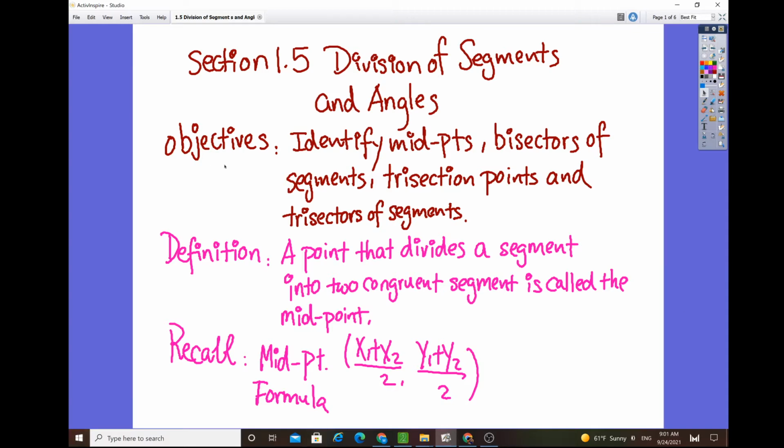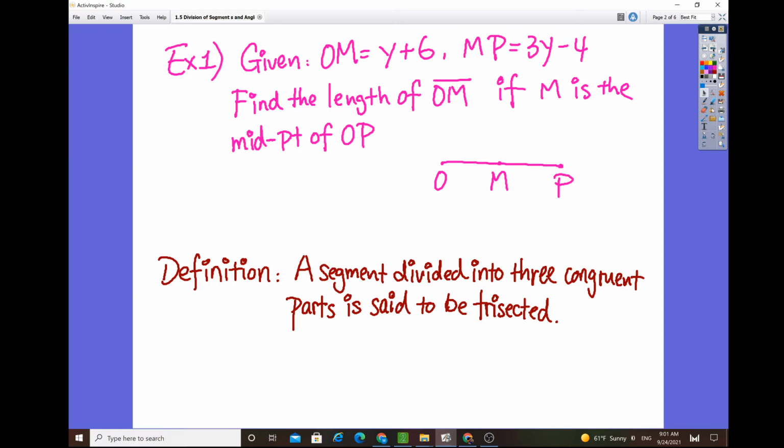Now let's look at some examples here. Given that segment OM equals y plus 6, and segment MP equals 3y minus 4, find the length of segment OM. Back to the textbook, this is showing the segment addition postulate, which means segment OM plus segment PM, once you combine them, would be segment OP.